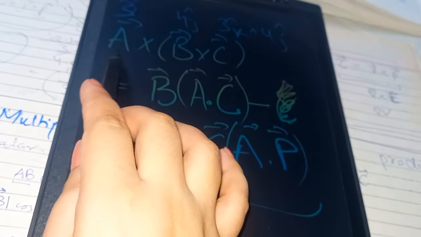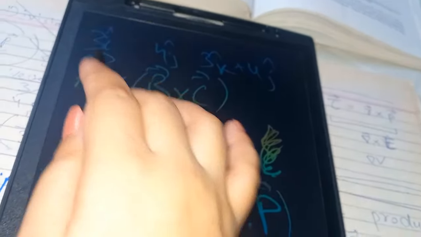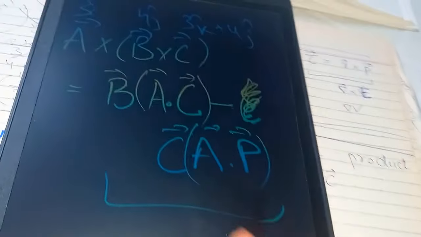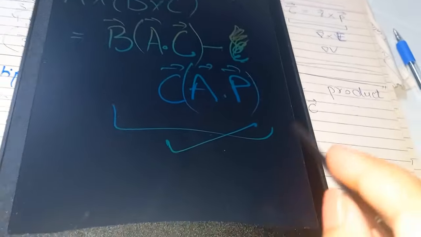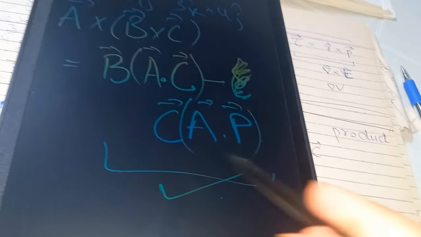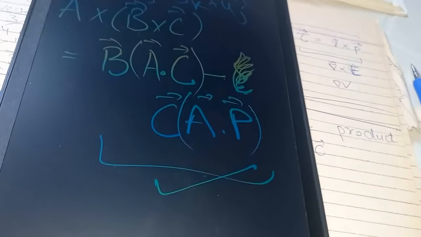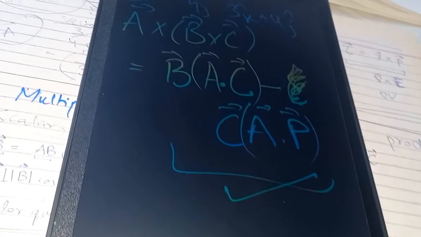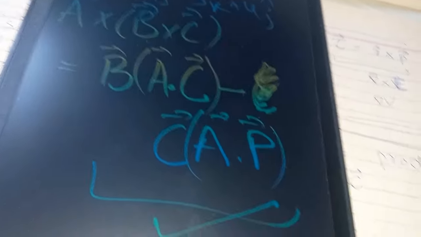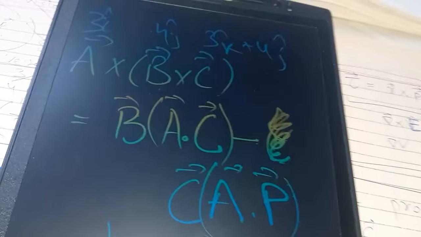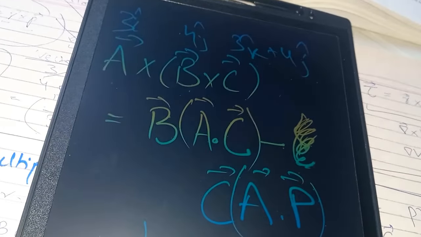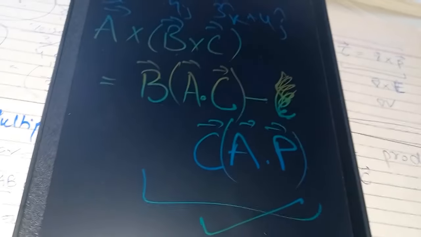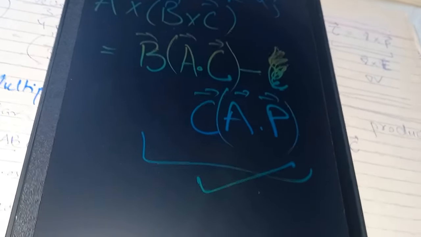You can simply first let them equal a, b and c, then use the back cap rule. You can easily calculate them, and in a separate video we'll see how to calculate scalar products and vector products, the rule, determinants, and we'll be introduced to those concepts. I'll link that video in the description box if you want to see it. If you already know how to calculate scalar products and vector products, that's perfect.